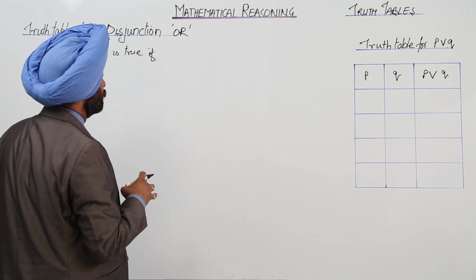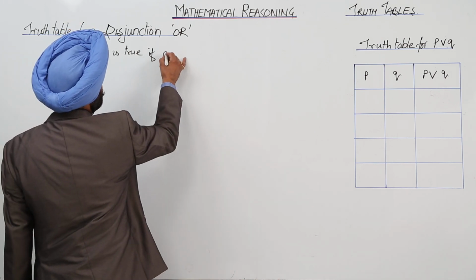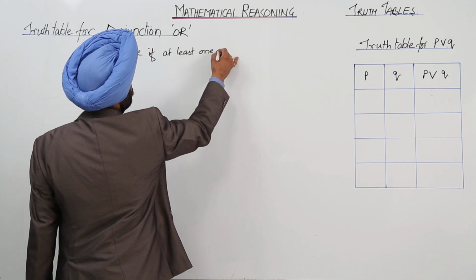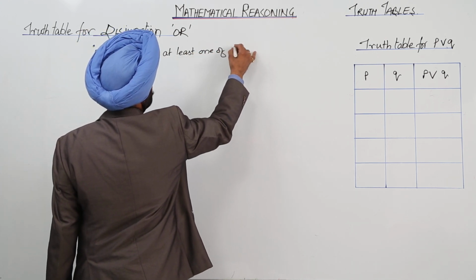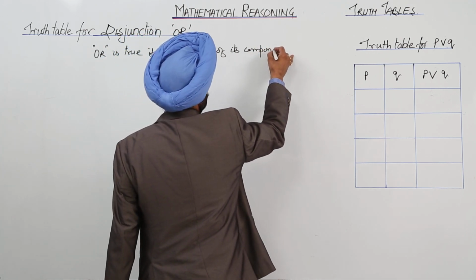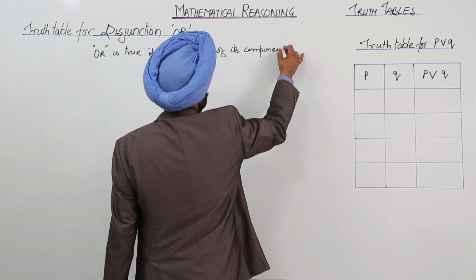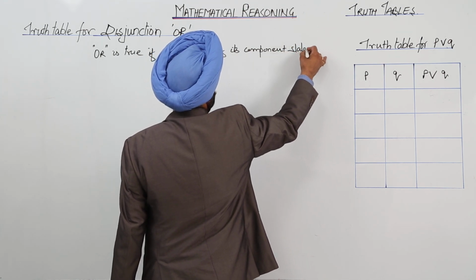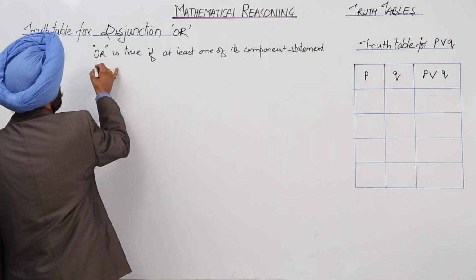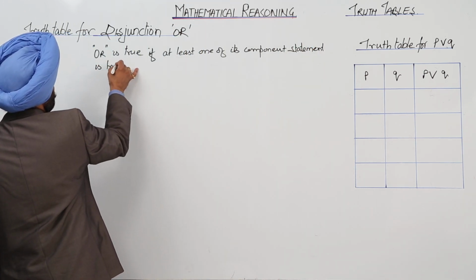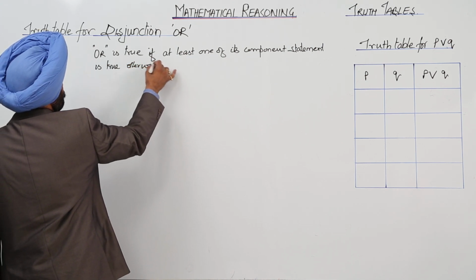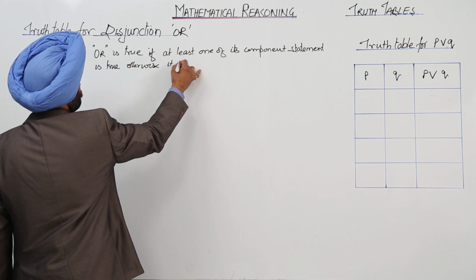So OR, using OR is true if at least one of its component statement is true, otherwise it is false.